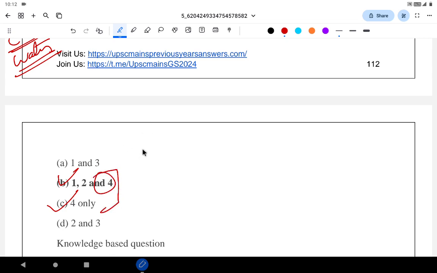See, what is permaculture? Permaculture, as we have discussed, discourages monoculture.